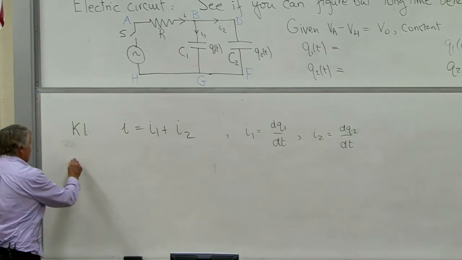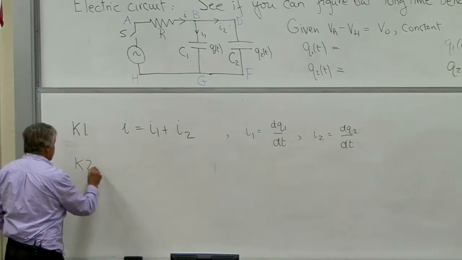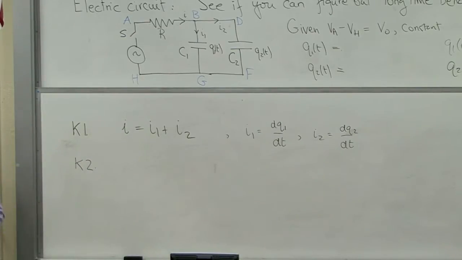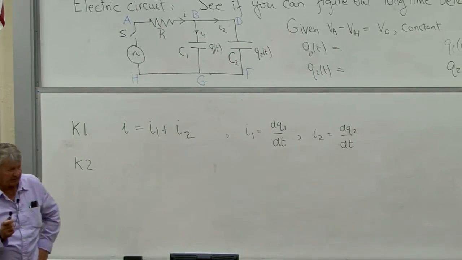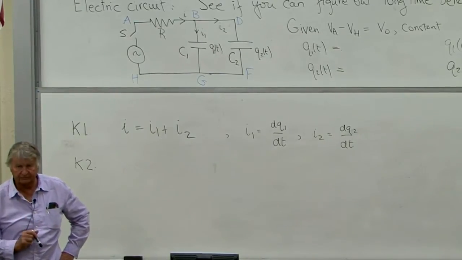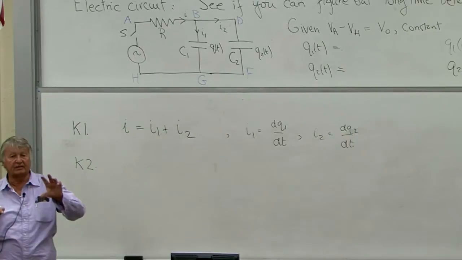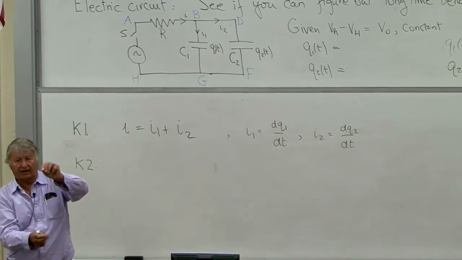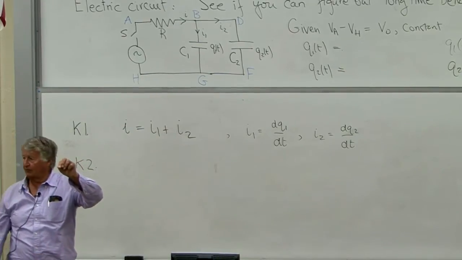So now I go to my second Kirchhoff law. I'm told that around every closed circuit, the total voltage drop is 0. That's equivalent to saying if I go around this way and I go around this way, I get the same voltage drop.